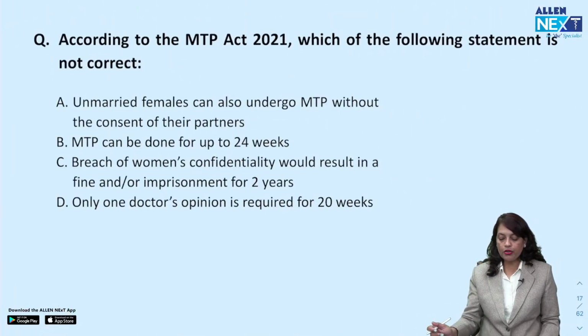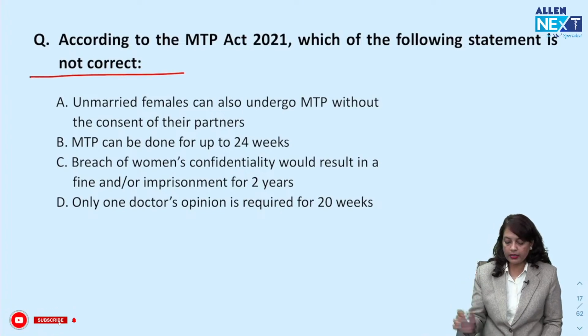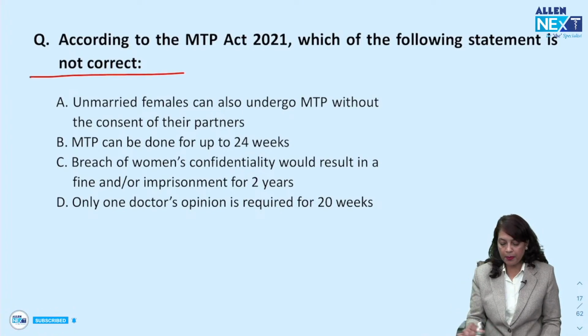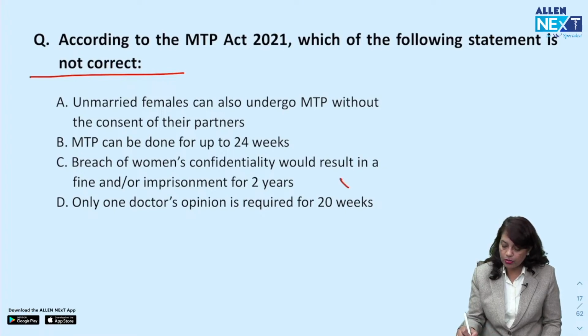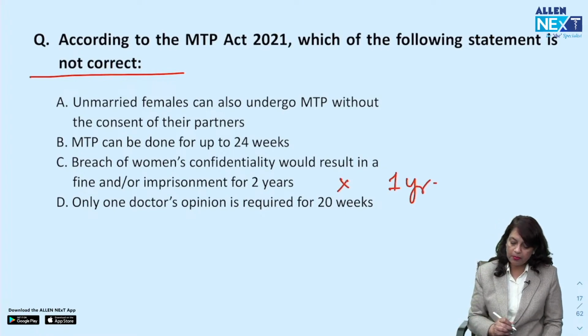Okay. According to MTP Act 2021, which of the following statements is not correct? Unmarried females can undergo MTP without the consent of their partners. This is correct. MTP can be done up to 24 weeks. Yes, that is also correct. Breach of the women's confidentiality would result in fine or imprisonment of 2 years. No, the answer is imprisonment for 1 year.